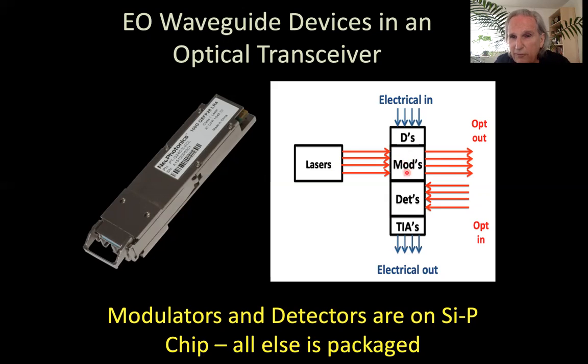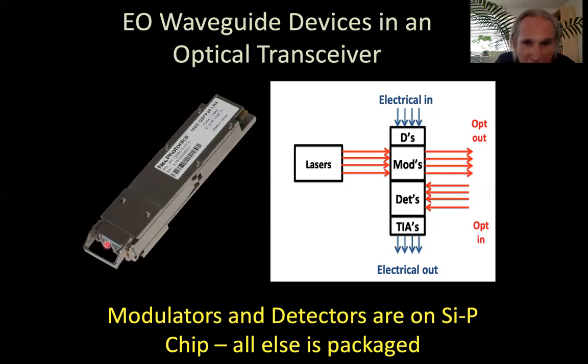Here it just has modulators, and it has detectors, waveguides and detectors on the other end. And we have electronic drivers, and we have electronic transimpedance amplifiers over here that bring in the electrical signal. This plugs into a data center, plugs into a gigabit Ethernet card.